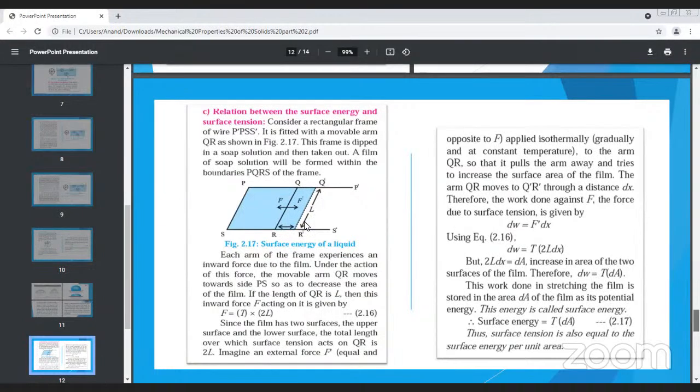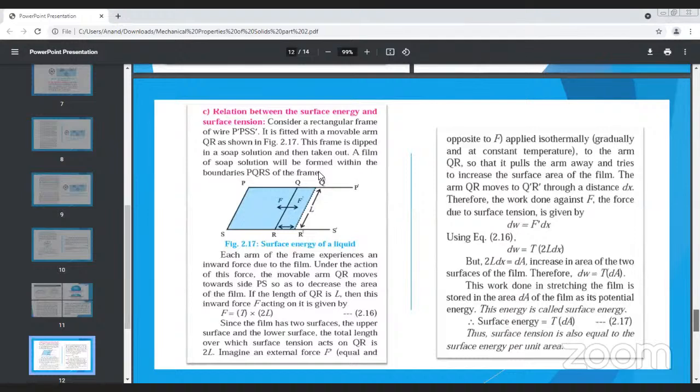Suppose then this inward force acting on it is given by F equal to T, where T is nothing but surface tension, force upon length, that is T equals force upon L, and force is nothing but T into 2L. Here 2 का घेतलेला आहे, where 2 is because the surface tension acts on the total length of QR, which is 2L.